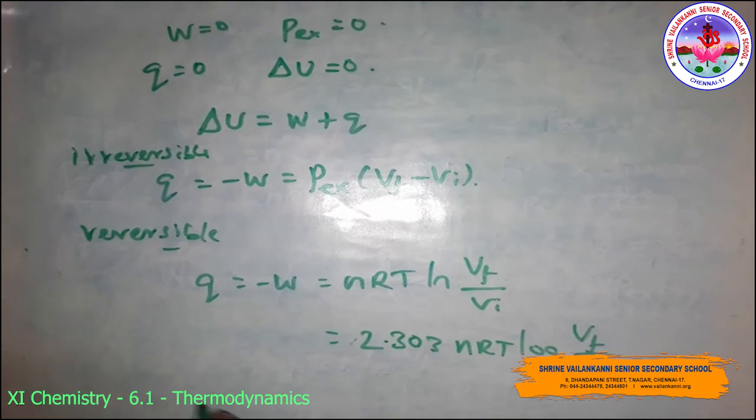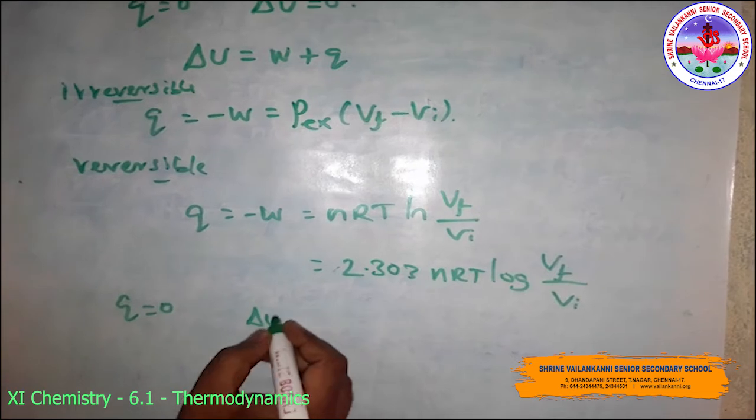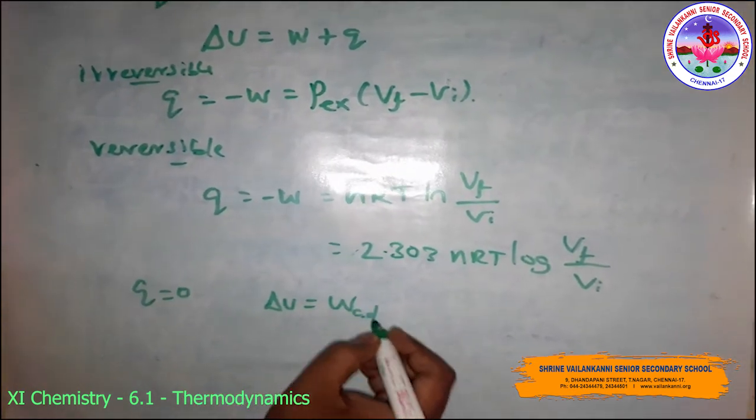For adiabatic change, Q is equal to 0, so delta U is equal to W adiabatic.